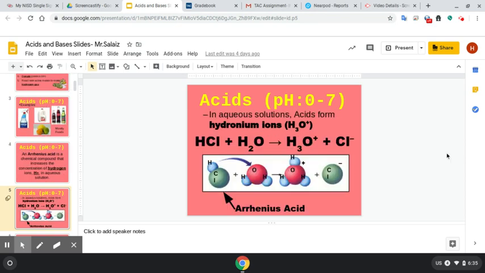This is going to be a chemical equation here. This is hydrochloric acid, water, hydronium, and then we have a chloride ion. In aqueous solutions, acids form a hydronium.